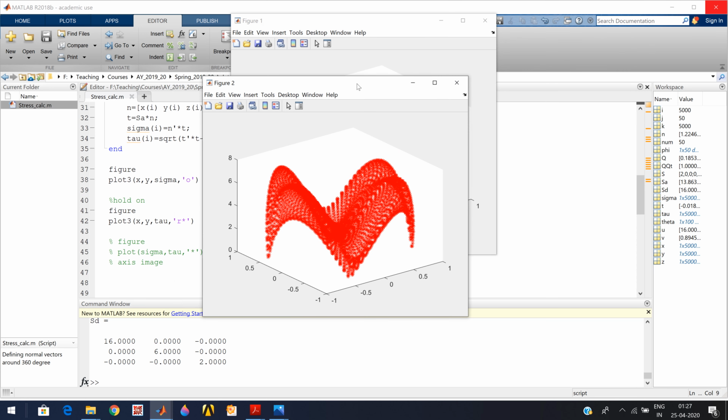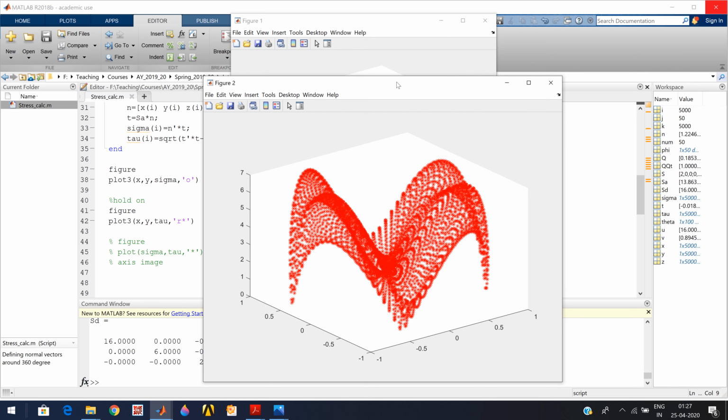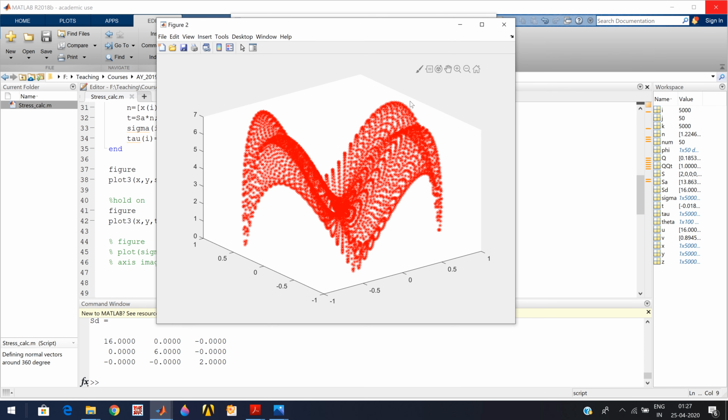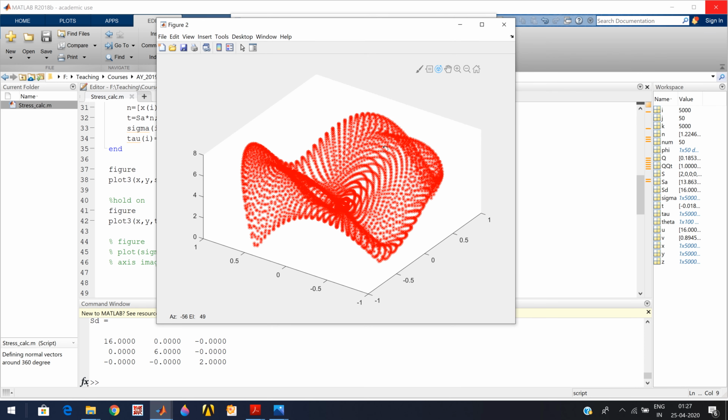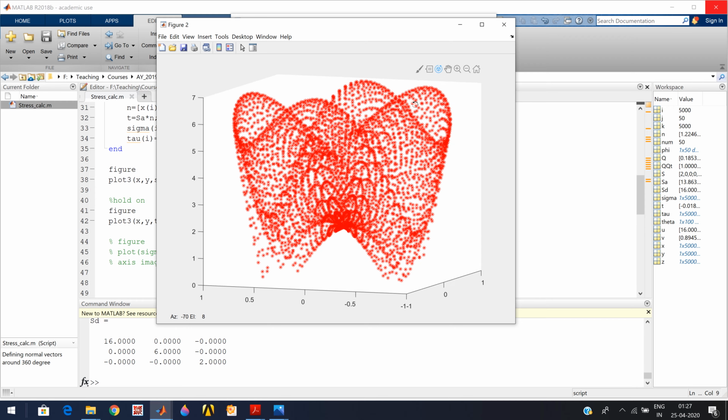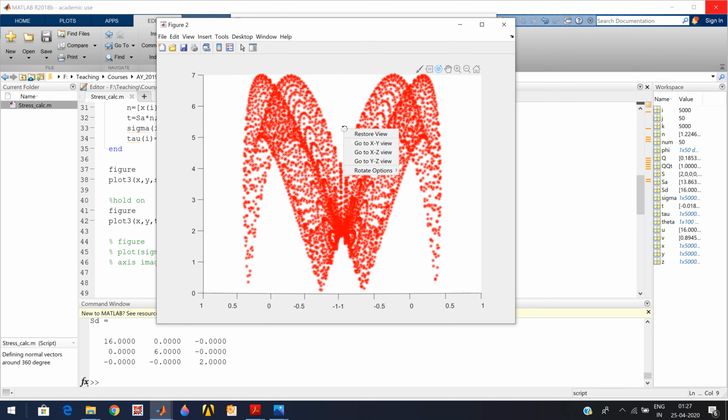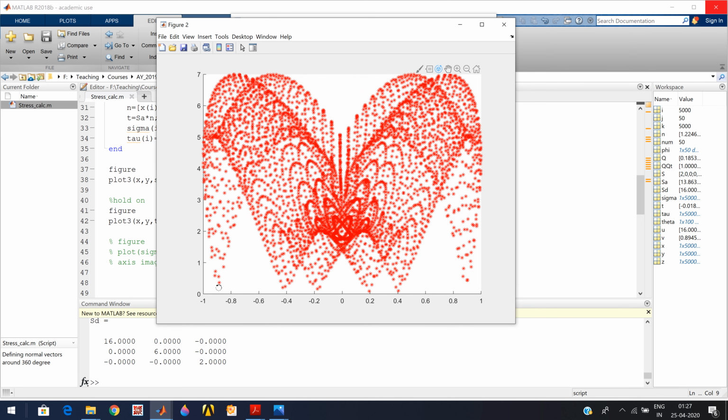In this plot, we can see it will have 0 as an extremum value. Here it is going to 0, and there are some other values. You can see there is a gradient change at 7.